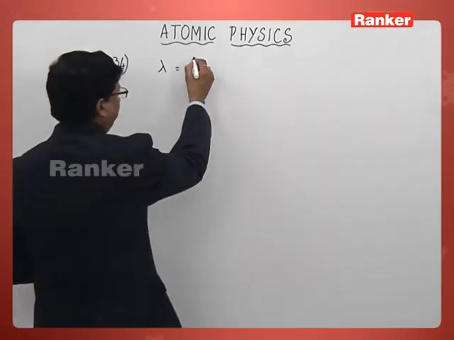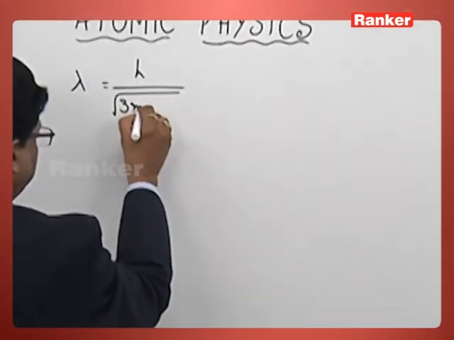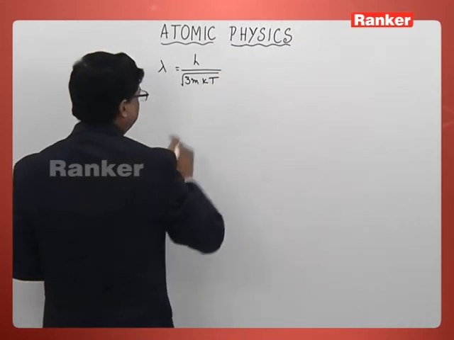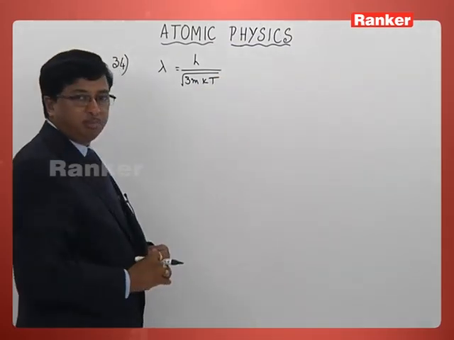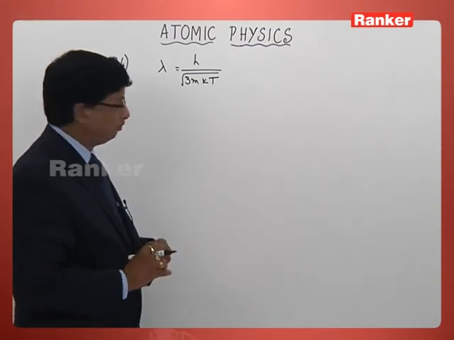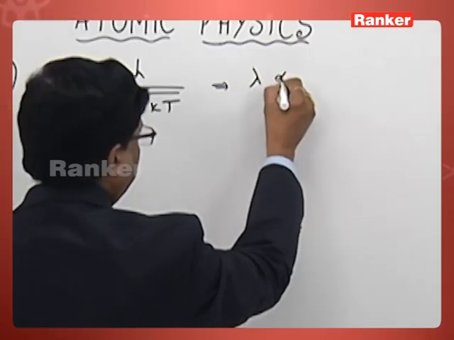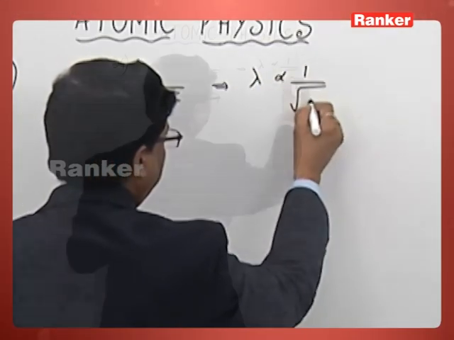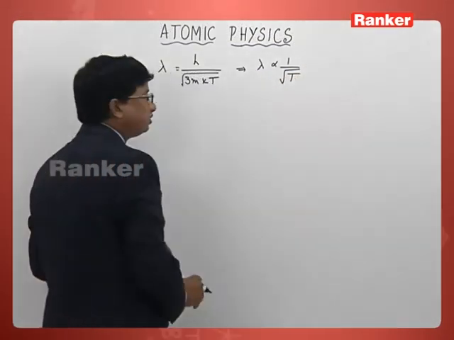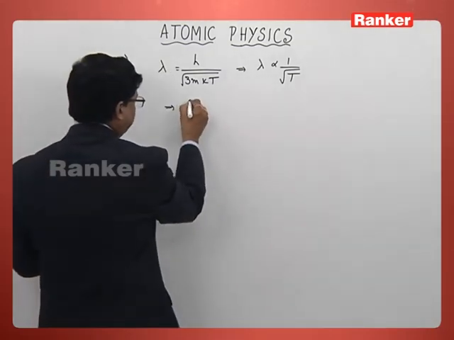It is h by under root 3m kT. That is actually the formula, k being the Boltzmann constant and T being the absolute temperature of that neutron. So what can we write from this now? Lambda is inversely proportional to the square root of absolute temperature.